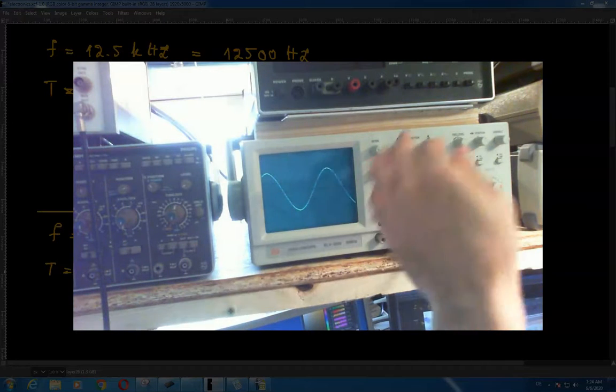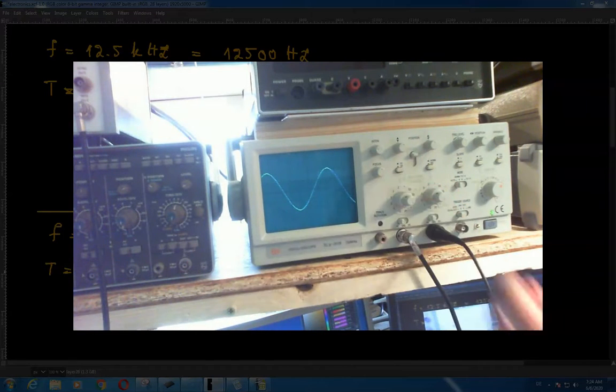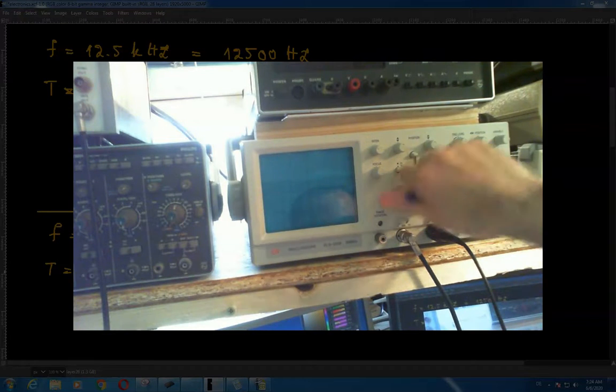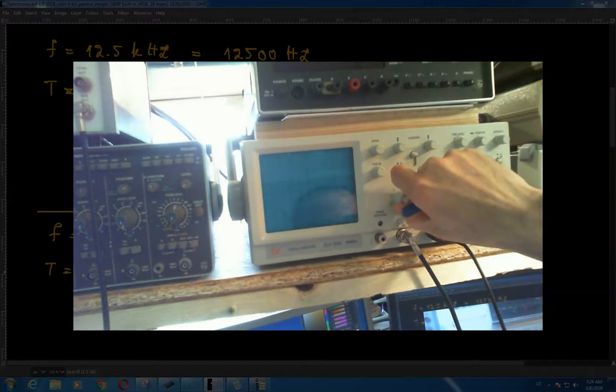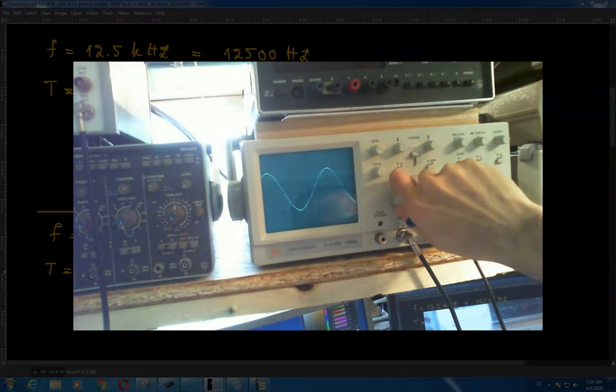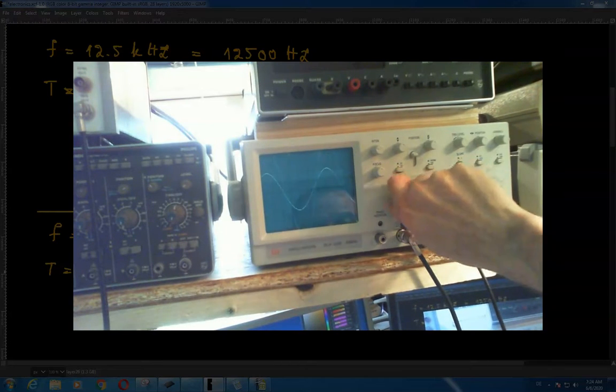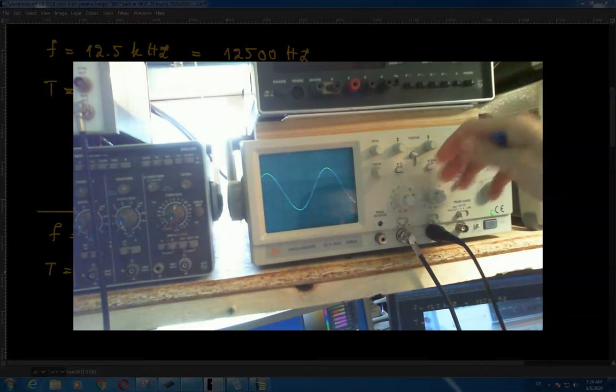If it's 20 volts, then you need less sensitivity. The more sensitive I make it, the more my signal jumps out of the top and bottom of the screen, and you would not see it anymore. That's basically that.